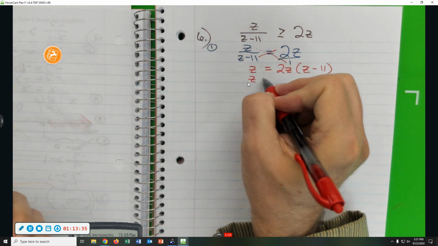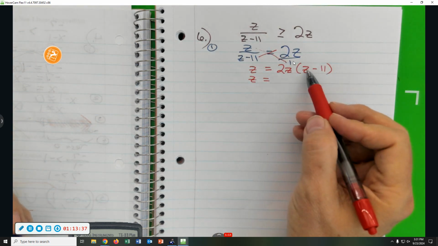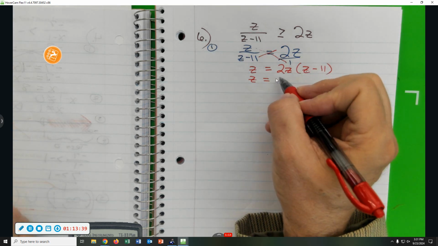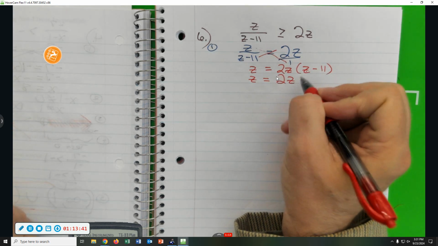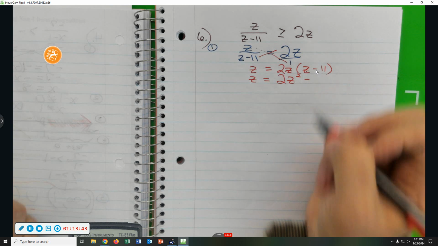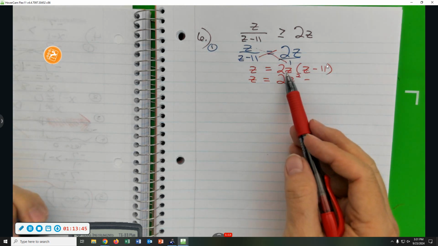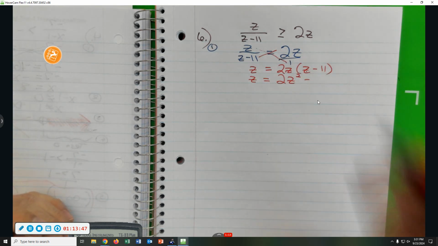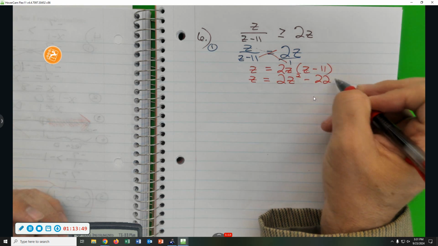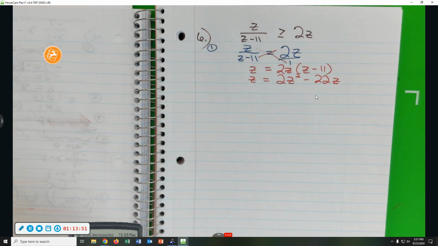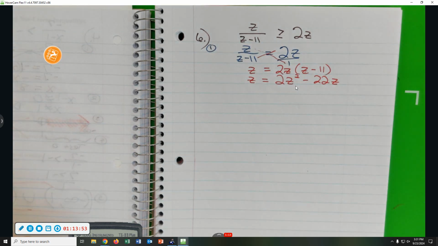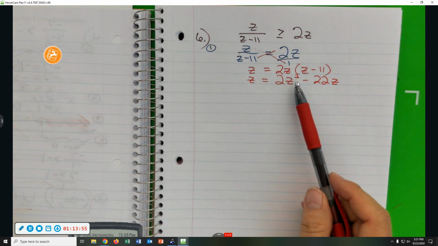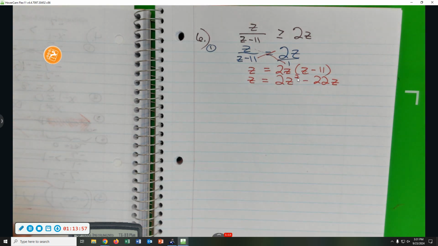What are we going to have on the right side? 2z times z is 2z squared minus 2z times 11 is 22z. Uh-oh, there's a square. It's quadratic. We're going to have to factor it.